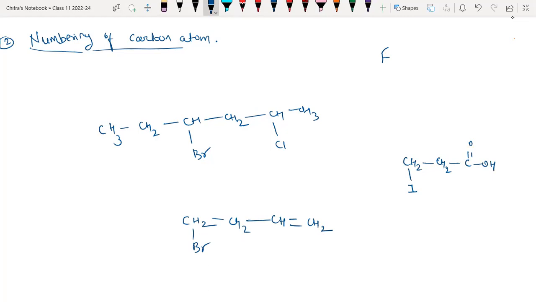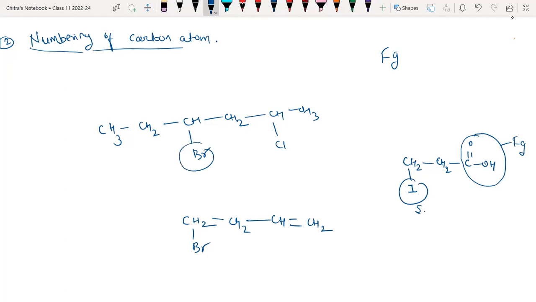So we have to number first. If we have a functional group in our hydrocarbon, yes, here we have a functional group. Here we have a substitution, so you have to identify that all the time.